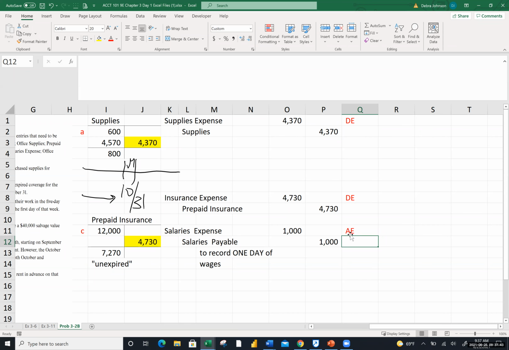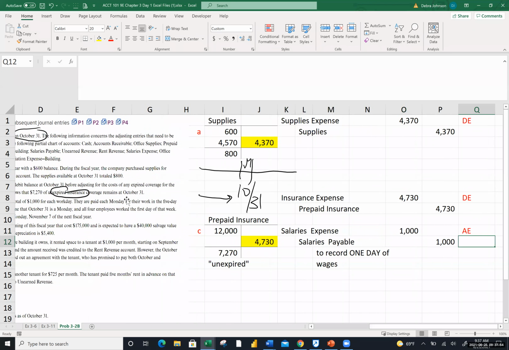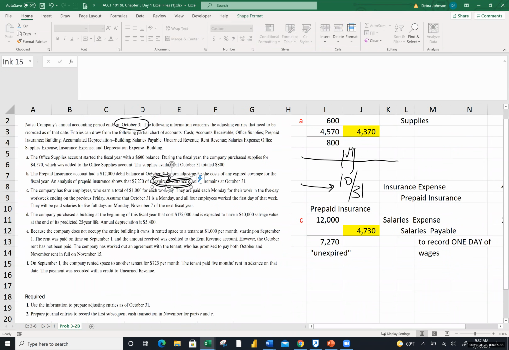Professor, I just wanted to point out something. Sure. Isn't it 1,000 per employee? No, that's why I said they could have worded this better. Let's go read it again, because I questioned the same thing when I did it the first time. The company has 4 employees who earn a total... Okay, all right, yeah.